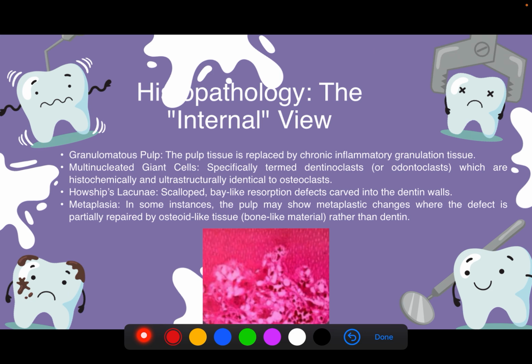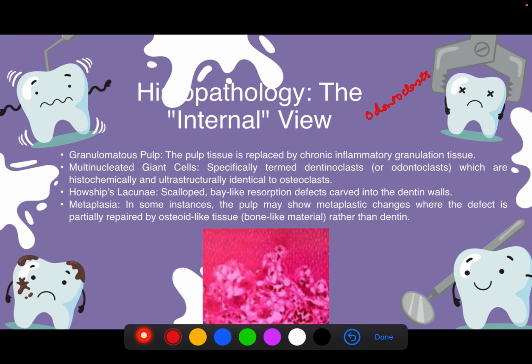Histologically, in reabsorptive lesions, we observe dentine reabsorption. The normal dentine structure is progressively destroyed and replaced by reabsorption lacunae. These lacunae are irregular spaces created by odontoclasts.